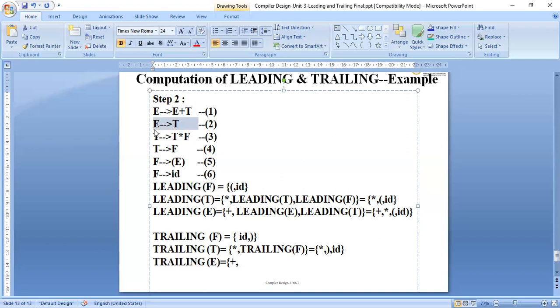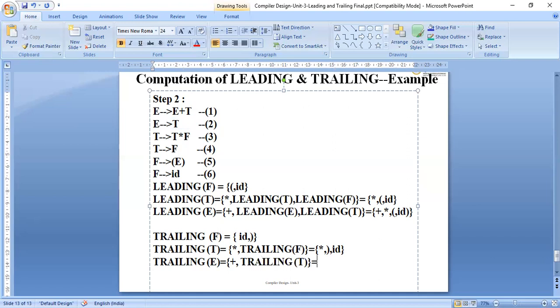No. So leave it as such. Now apply again rule 2. When you apply rule 2, from the last, what is the non-terminal symbol? T. So trailing of T, comma, from the last, when you apply the second rule for the second production, it is trailing of T, the same. So that's it.